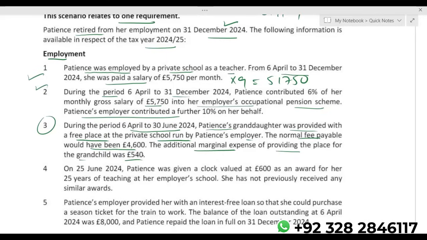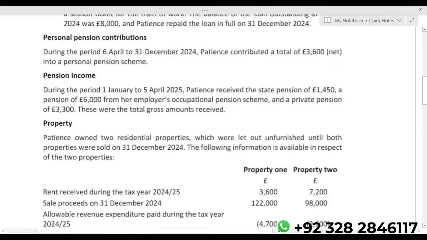But if you come across a benefit which does not have any specific rule and is not an exempt benefit, then the taxable benefit is the direct, marginal, additional cost for the employer. Here, the additional cost for the employer is 540. So logically, this 540 becomes the taxable benefit. The school place cost to the employer is your taxable benefit.